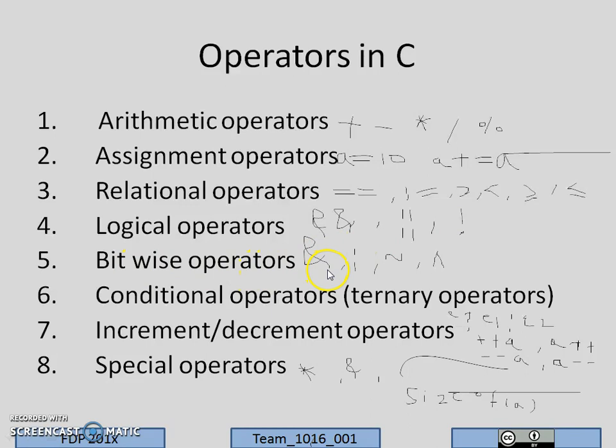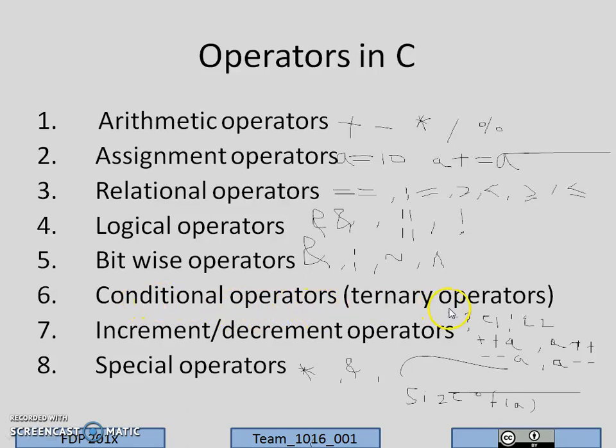Bitwise operators are indicated with the single AND operator. The single pipeline operator is used for OR, the tilde operator is used for complement, and the caret operator is used for XOR. First it converts everything into binary format, that is zeros and ones, and then performs the operation on the operands.